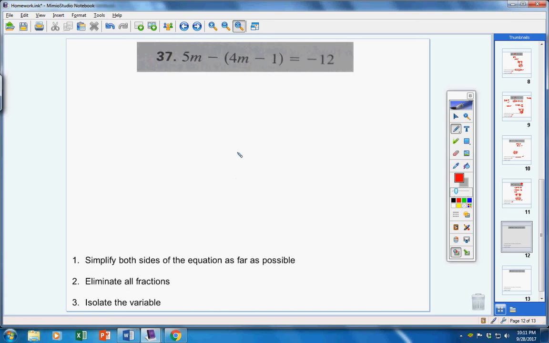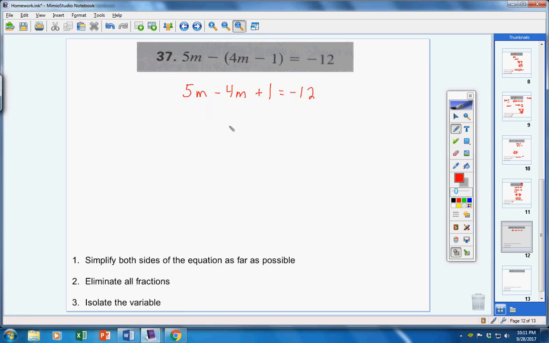Step 1, simplify both sides. Let's simplify the left side. Take this negative sign, multiply it through. Negative times a positive is negative. Negative times a negative is positive. We're still not done.